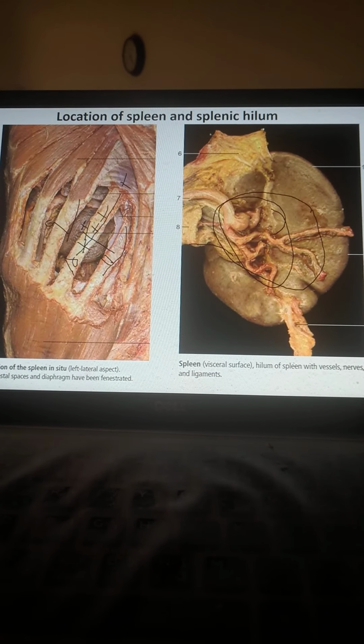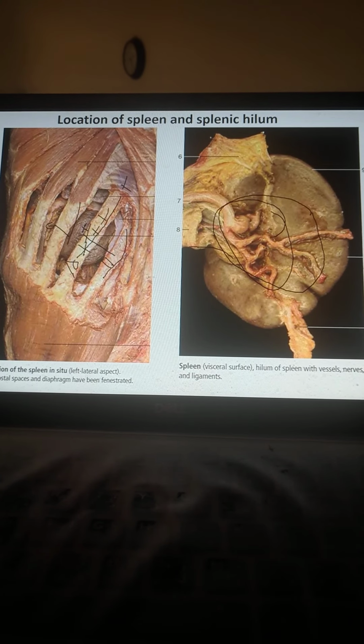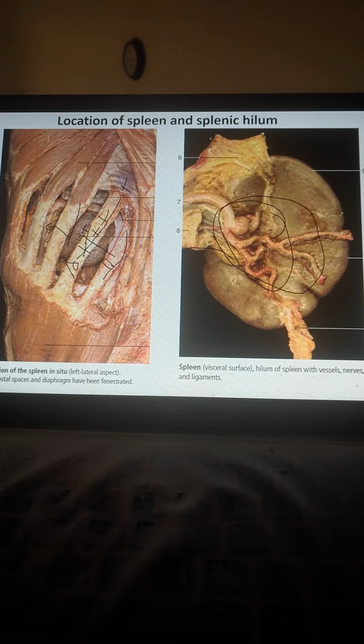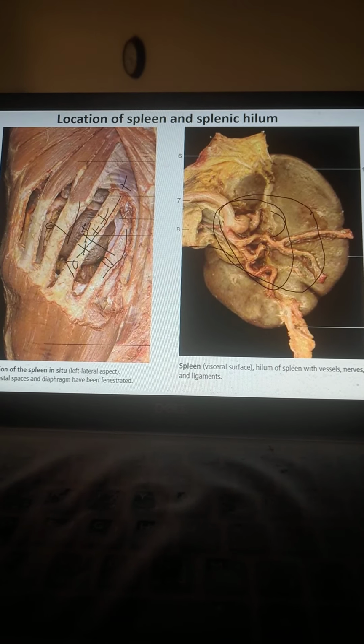This ligament is called the splenorenal ligament or lienorenal ligament, which connects the spleen to the left kidney and contains the tail of the pancreas and splenic vessels.